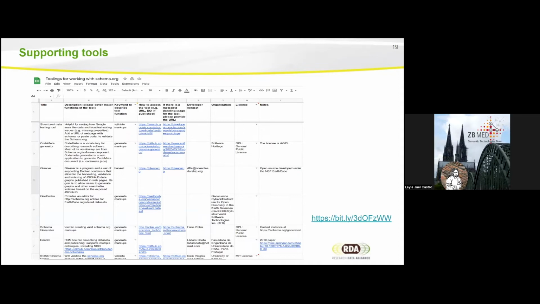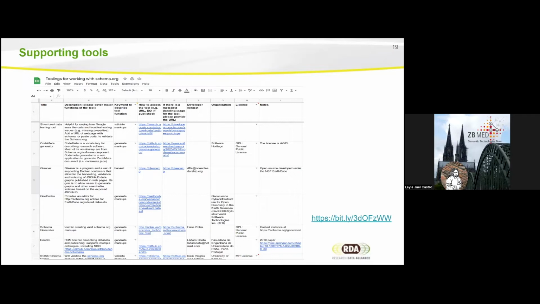If your community says this is the very minimum that we are expecting you to provide, and this is recommended and this is optional, those validators will be able to parse your structured metadata and see whether you are complying with the minimum, with the recommended, with the optional.